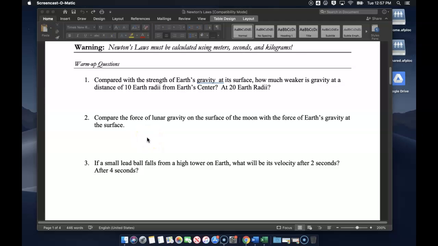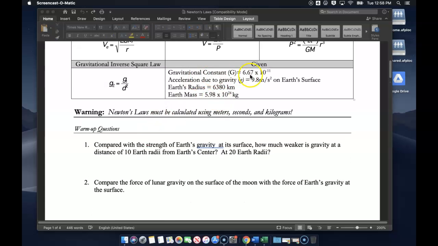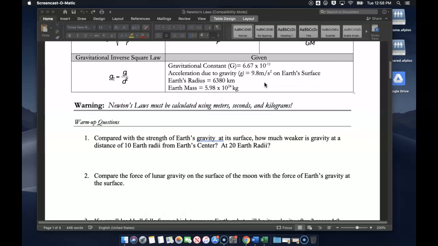For the next problem down, we are asked to compare the force of lunar gravity on the surface of the moon with the force of gravity at the Earth's surface. For this, you will notice that we have a value given to us for Earth's gravity here. The acceleration due to gravity is 9.8 meters per second squared on the Earth's surface.